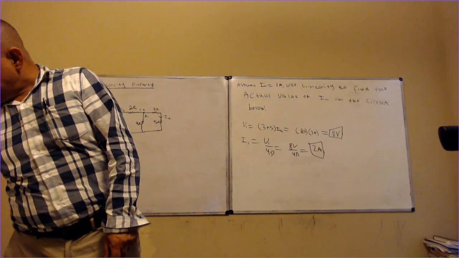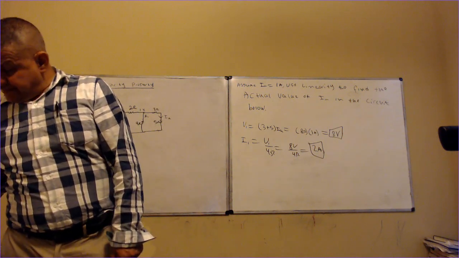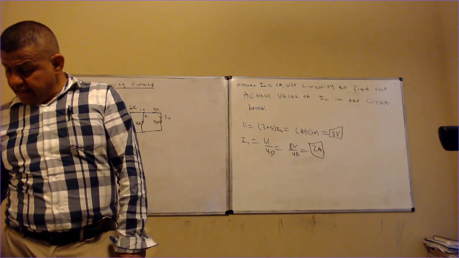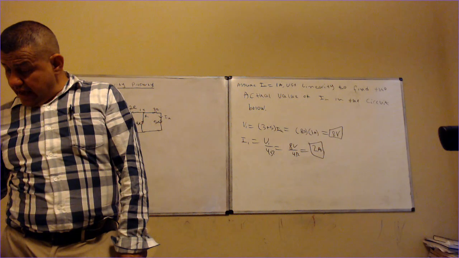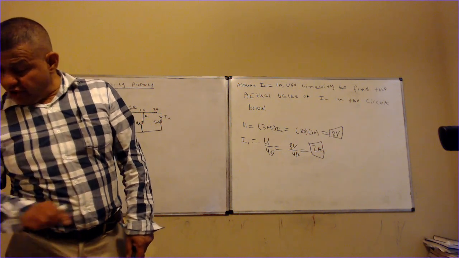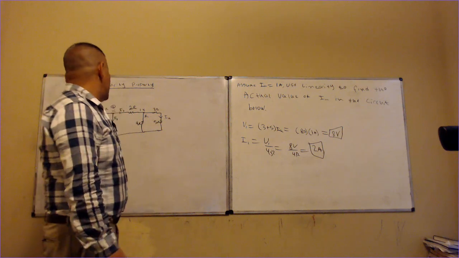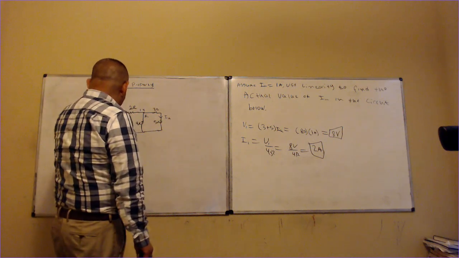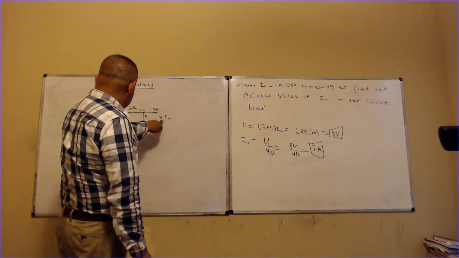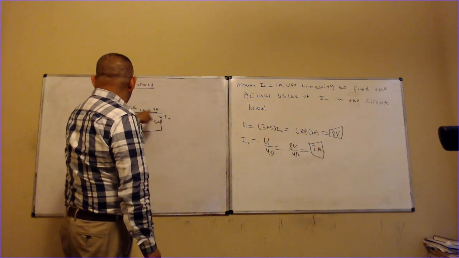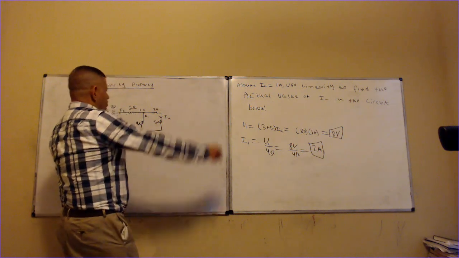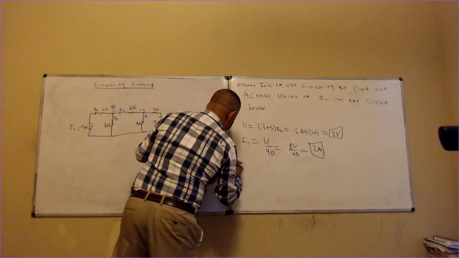In order to do that, I can say that I2 is equal to this guy plus that guy.